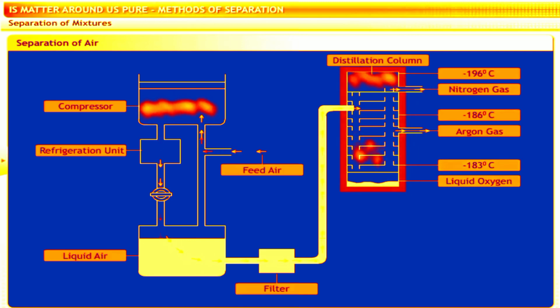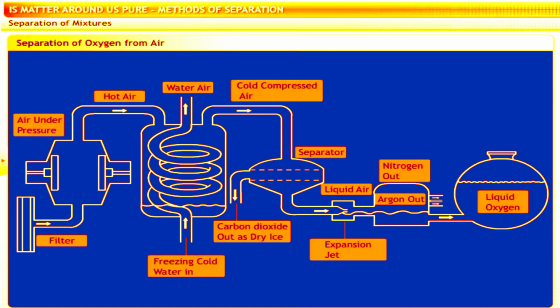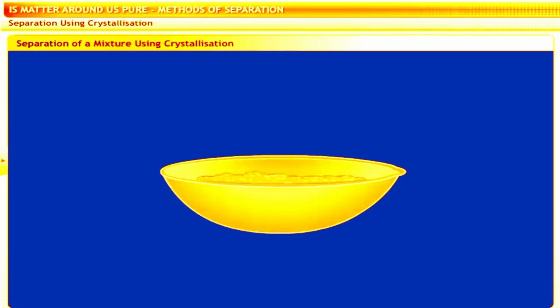It boils last. It collects as oxygen gas at the base of the fractional distillation column. If you want to obtain only oxygen gas from the air, separate out all the other gases and collect just the oxygen gas. The diagram shows you the apparatus that is used for separating oxygen from air.